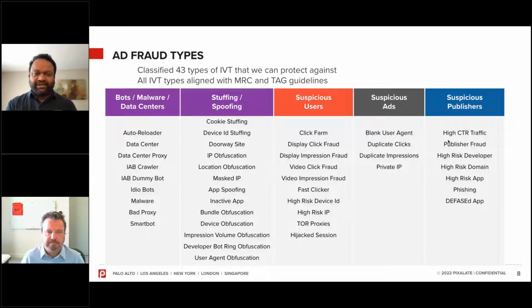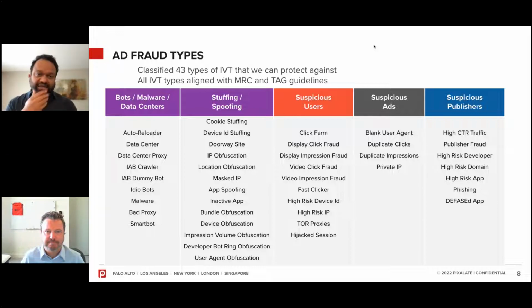I'm not going to walk through every single one, but it is important to know that there is a wide breadth of IVT types you have to be thinking about, whether it is bots and crawlers that might be coming through, or IP obfuscation, or stuffing and spoofing of devices.